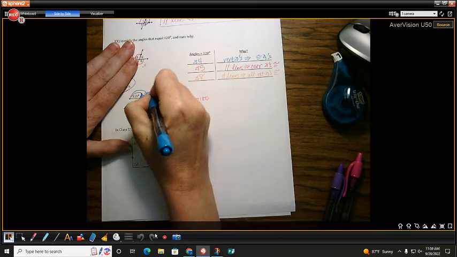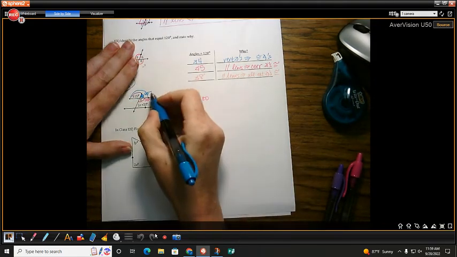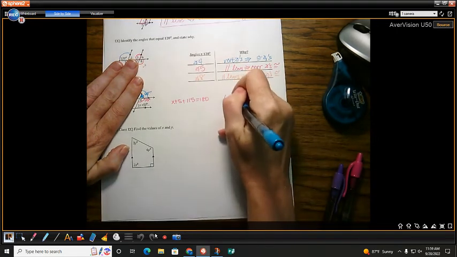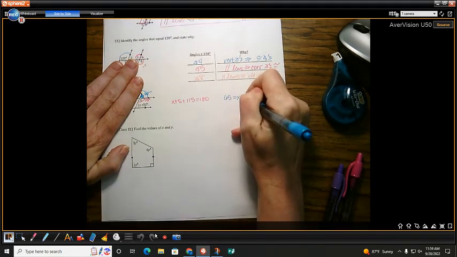It would have to be 65. And then, how are 65 and the x plus 5 related? They're corresponding. And since I have parallels, those corresponding angles have to be congruent. So the 65 could equal the x plus 5.